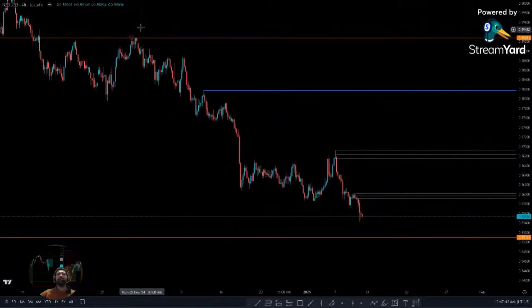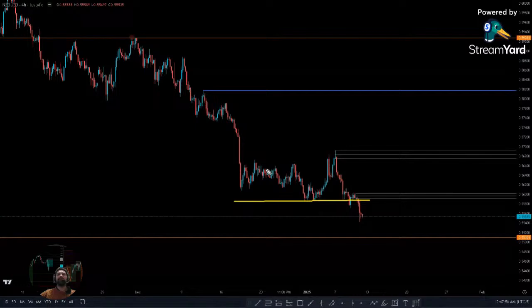Currently on the New Zealand dollar right here, we are specifically in this range, and the way price has been breaking down, it's holding around here.